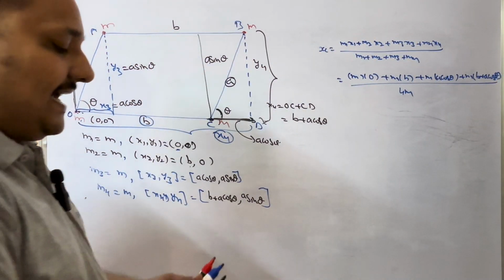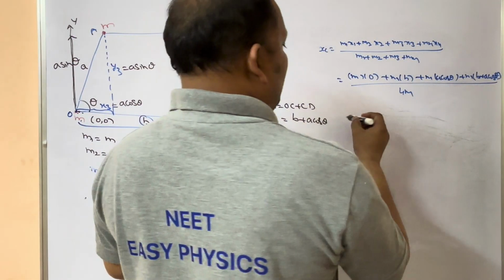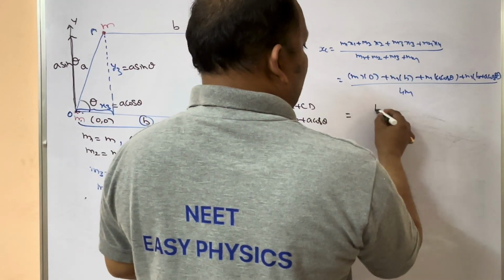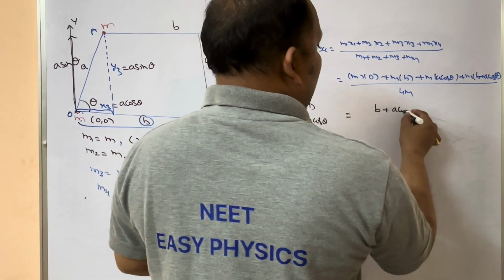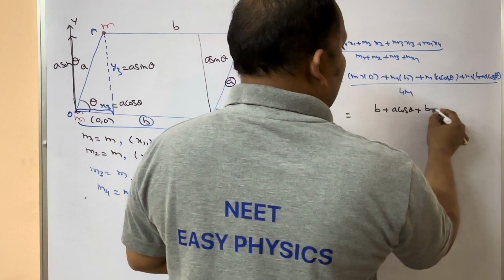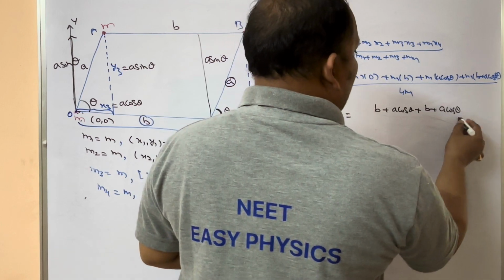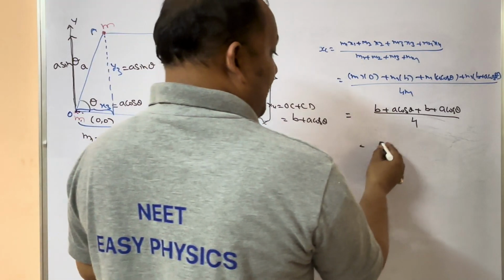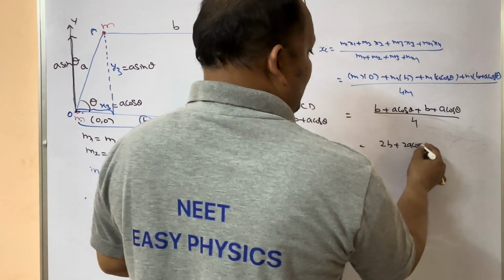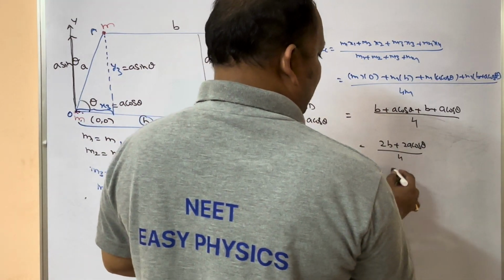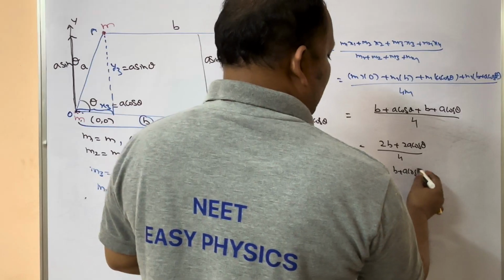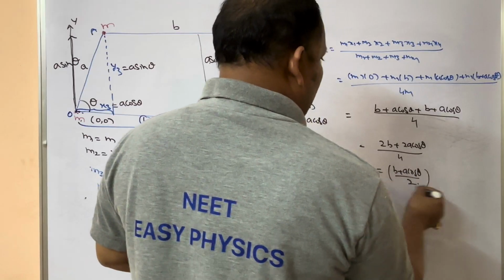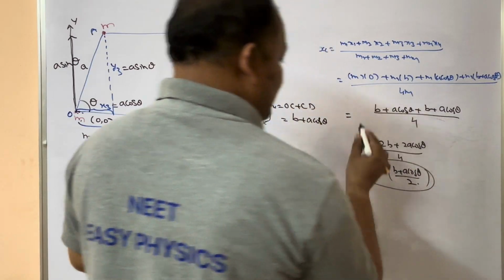So all the m's will cancel. We get B plus A cos theta plus B plus A cos theta, divided by 4. How many B's are there? 2B plus 2A cos theta by 4. So B plus A cos theta by 2. This is going to be xc.